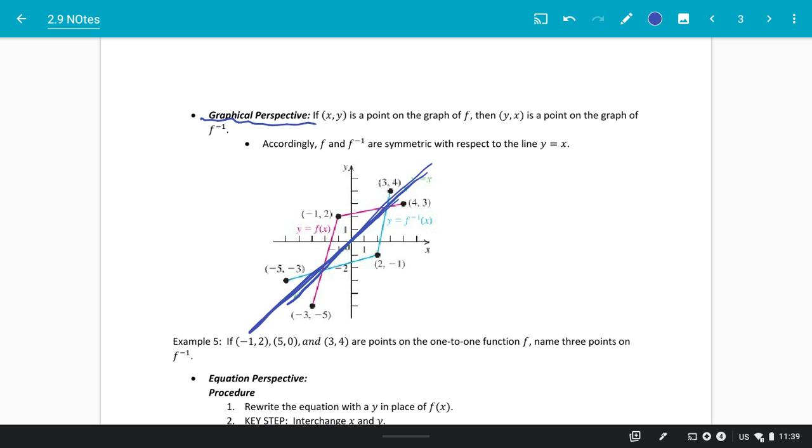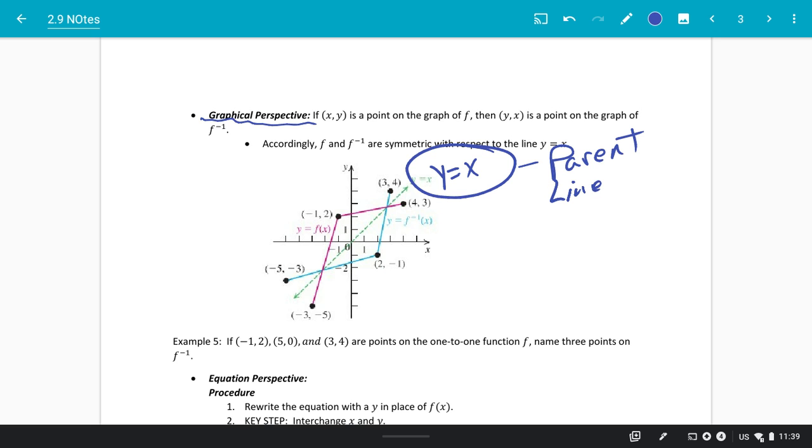That line. What line is that? That's one of those common functions you should know. It's y equals x. It's the parent linear function. Okay? It's the parent linear function.